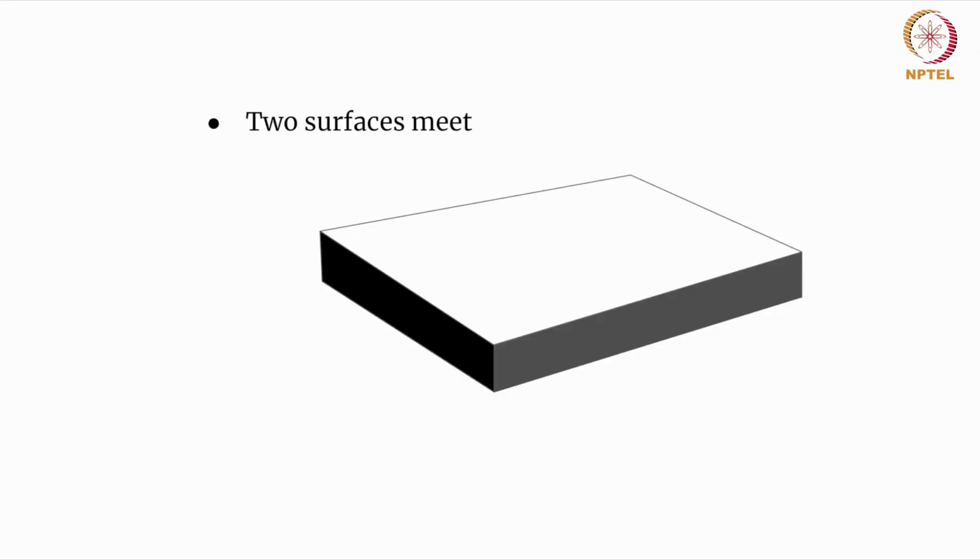A line can also be seen when two surfaces meet. In this example, you can see three surfaces A, B, C, and on the edge where these surfaces are meeting, one can see a line. You can experiment with this easily in your surroundings.